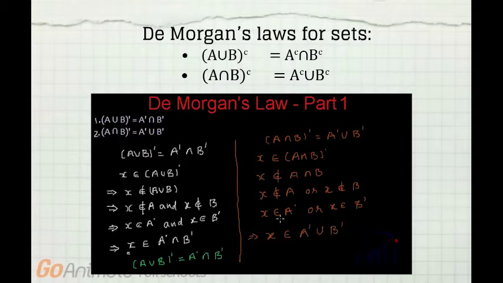If it is in any of these, A complement or B complement, it will definitely be there in the union of A complement and B complement, right? That means from here we could prove that (A intersection B) whole complement is actually equal to A complement union B complement, right? So this is the written proof of these two laws, or the first two De Morgan's laws, right?